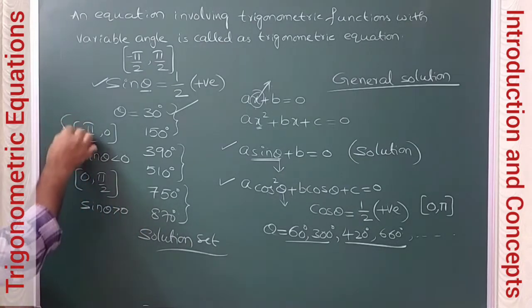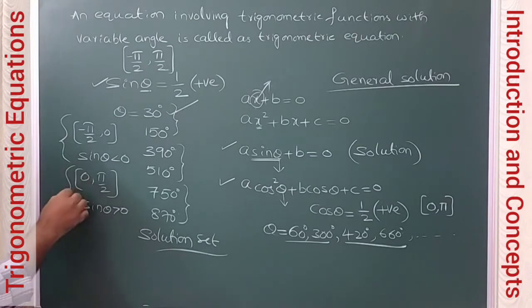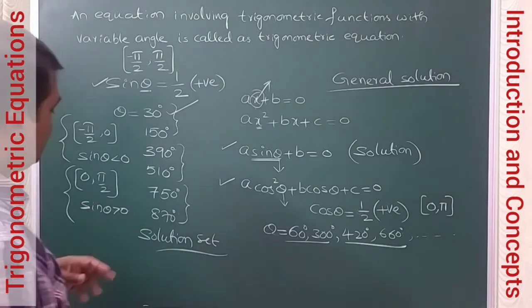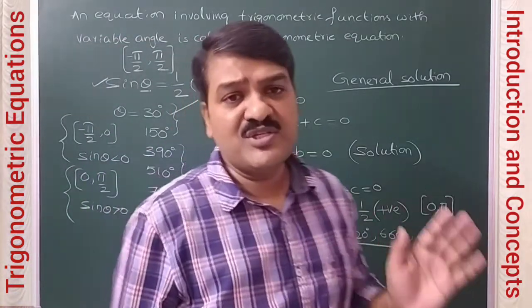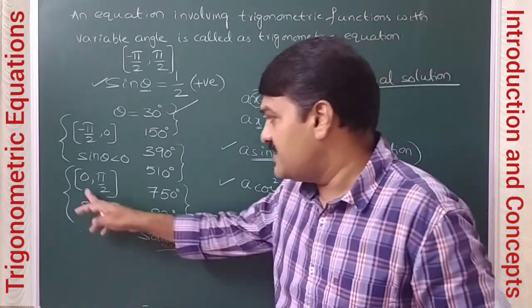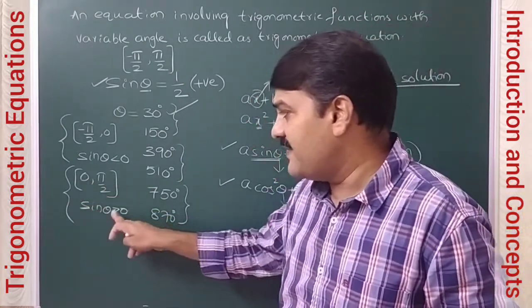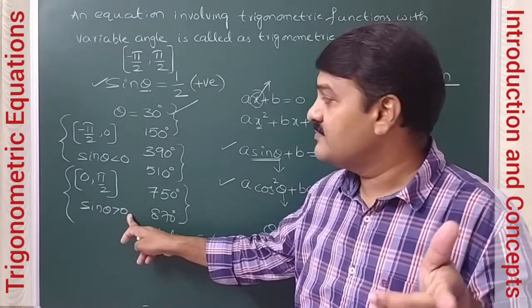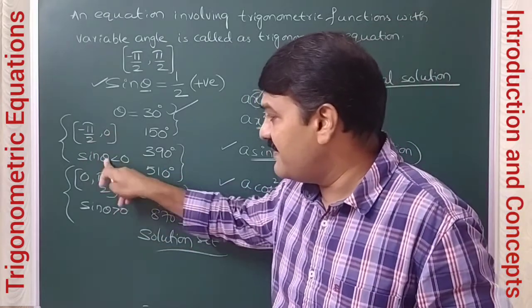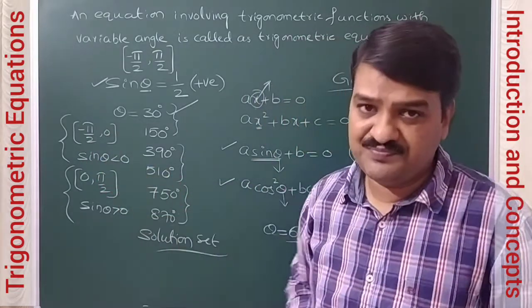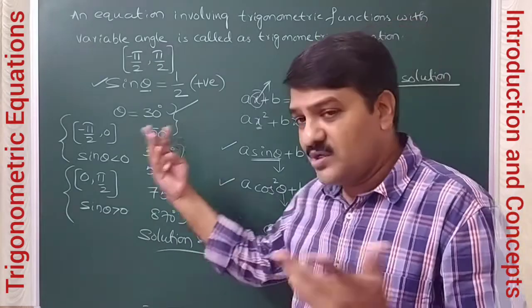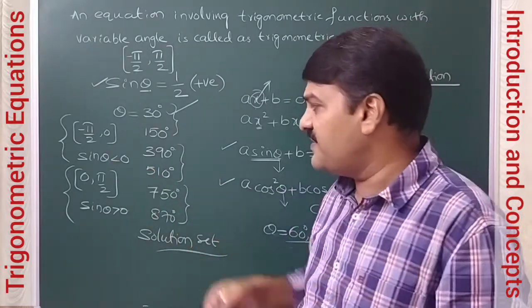So in this interval you will get negative values, in this interval you will get positive values. So there is no question of repetition. And 0 to pi by 2 means sine theta values will be 0 to 1. In this interval sine theta values will be minus 1 to 0, including 0. There is no question of repetition.